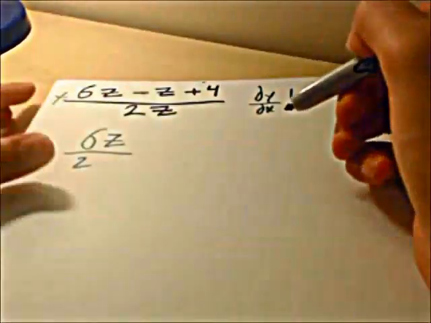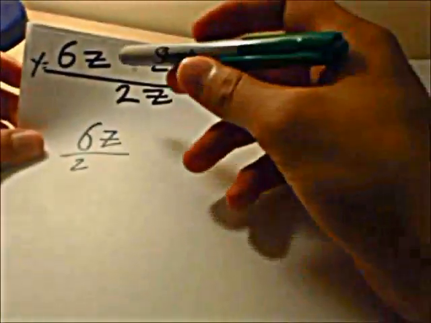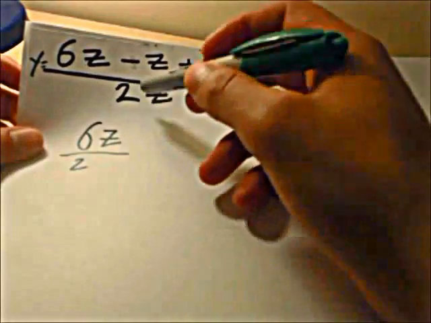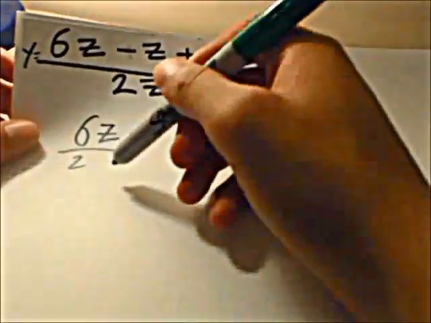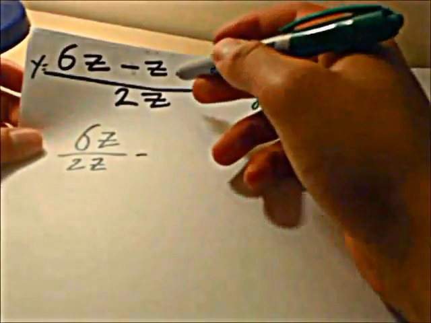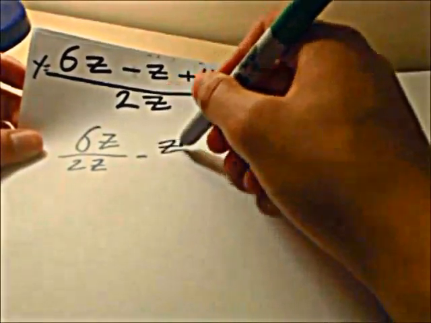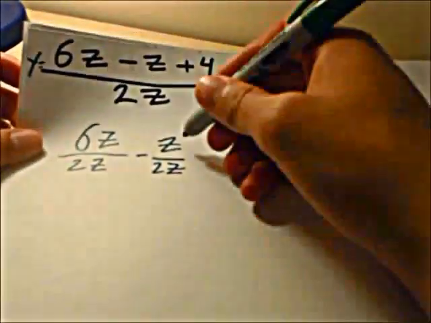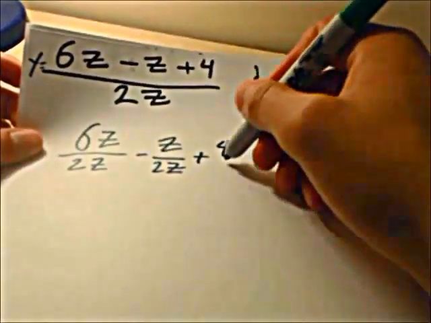So that's going to be 6z, by the way, this is z, 6z minus z plus 4 over 2z. So we take 6z over 2z, minus the second part, which is z over the denominator, and then the last bit over the denominator.